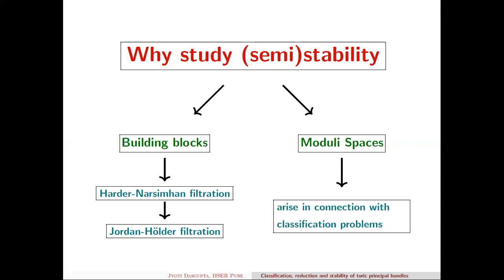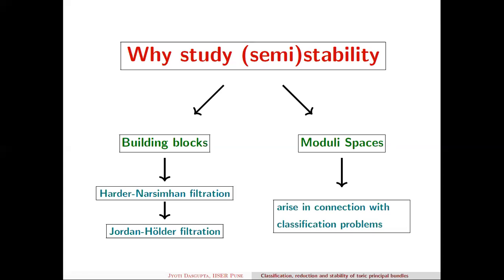On the other hand, there is this fundamental construction in algebraic geometry of moduli spaces, and they arise in connection with classification problems. You would like to have a geometric space, like a variety or scheme, such that the points of that space are in bijective correspondence with certain algebraic geometric objects.